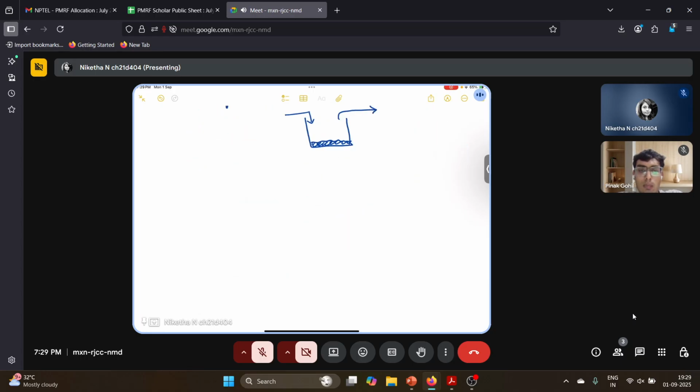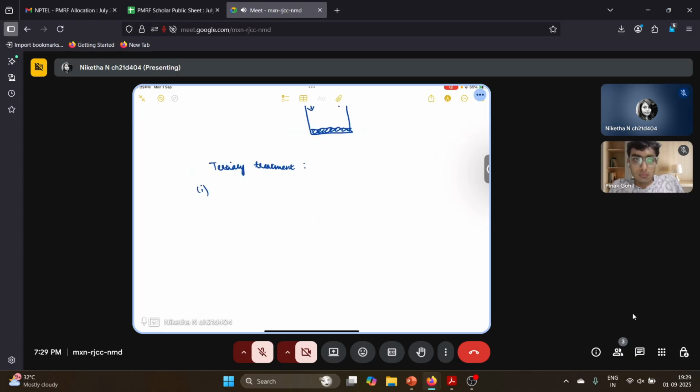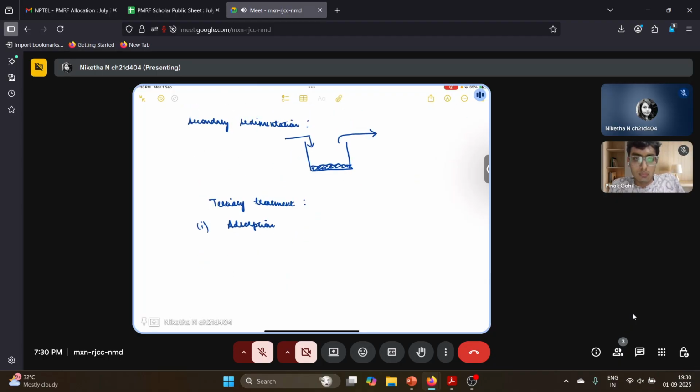Once we finish with secondary sedimentation, we go for tertiary treatment. Tertiary treatment can be adsorption. Whatever impurities were still not removed in the secondary process will be removed in the tertiary process.